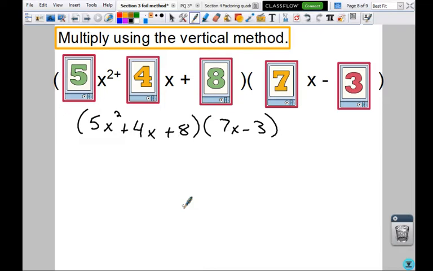Be careful, because you missed that one, right? Oh, so that'd be 3. Wait, what did I miss? You didn't do the 7x times 4x. So where would I put that under then? Or what do you get when you multiply? Oh, so that's gonna be the square. Yep.